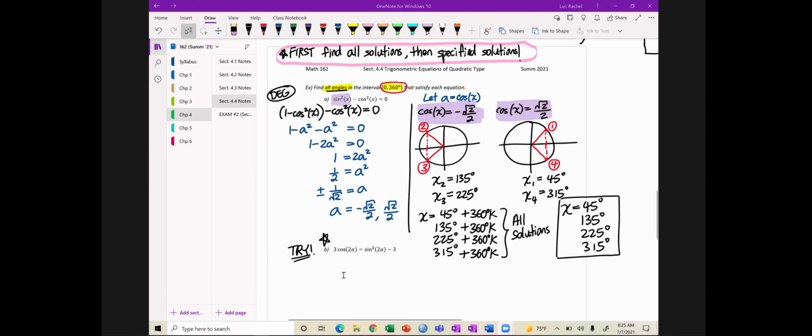And then the added step 4 is when you isolate alpha. So solve for 2 alpha first, and then your step 4 should be isolate alpha. From there, after you have all solutions, you can then plug in the k values to find the specified solutions.